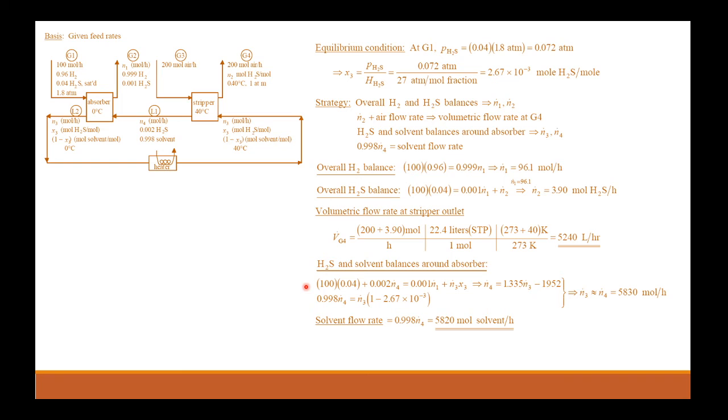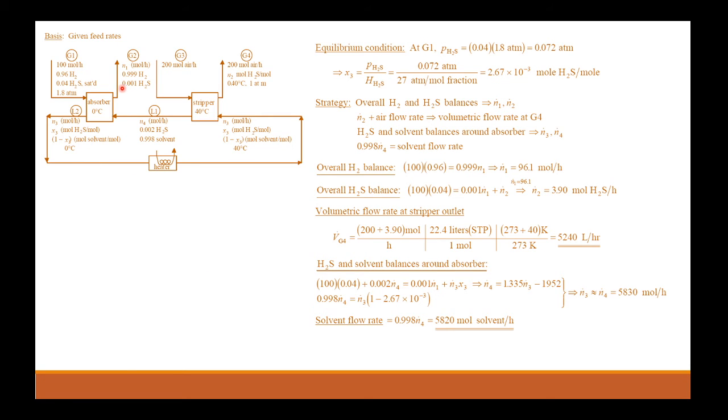So we have H2S, which is 100 multiplied by 0.04 plus 0.002 multiplied by N4. So N4 is over here, that comes in, so in H2S, the mole fraction of H2S is 0.02 multiplied by N4 equals the outlet, which is 0.01 multiplied by N1.